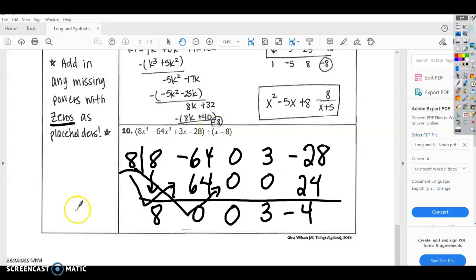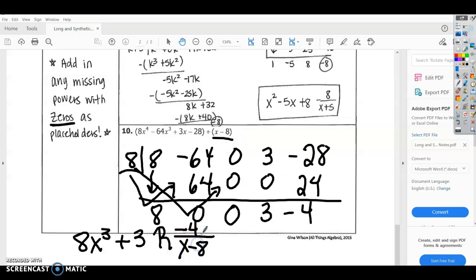So I'm going to start with 8x to the third power, 0x squared, 0x, plus 3. If you want to put in the 0x squared and the 0x, that's fine, but you don't have to. And then you have a remainder of -4, and your remainder goes over your divisor, which is x minus 8.